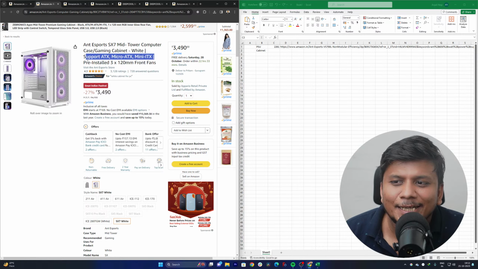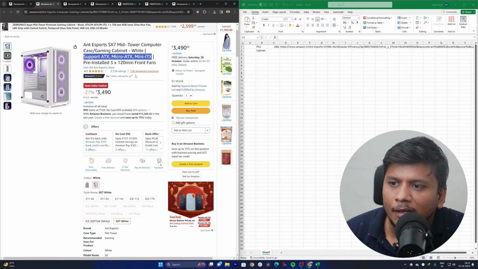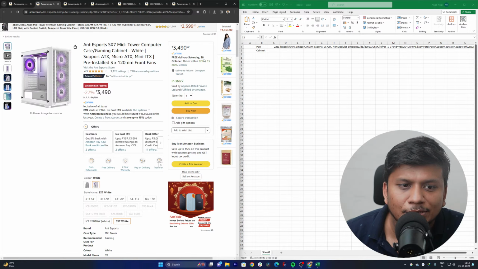I would say nobody should write these things because every cabinet is compatible. Most cabinets are compatible with all sizes of motherboard. And then it comes with 3 pre-installed fans, which I would say is really great.